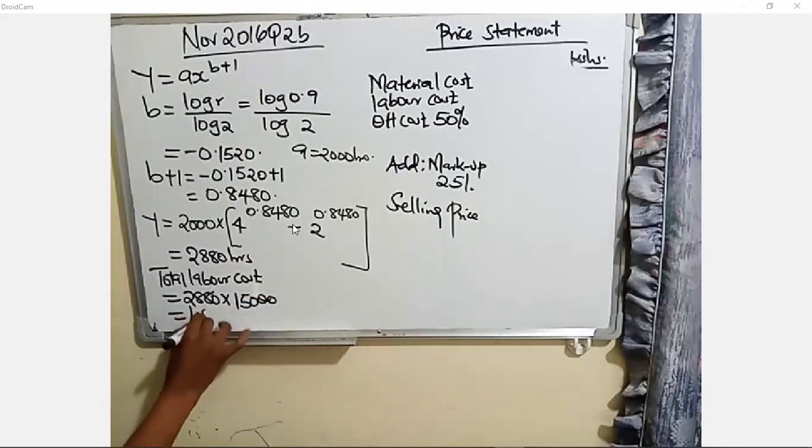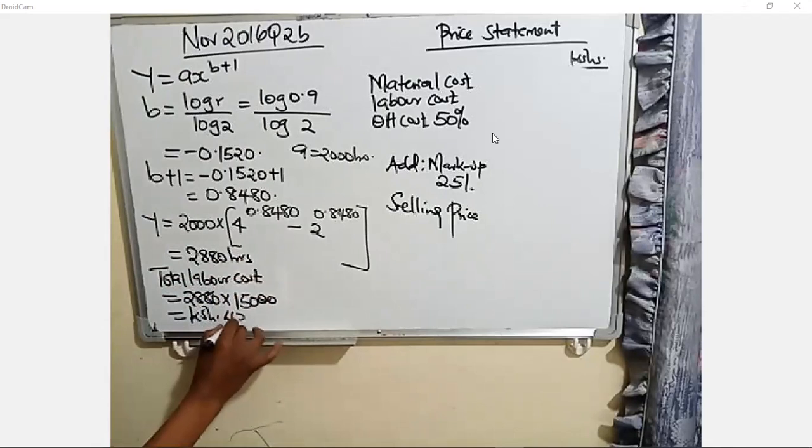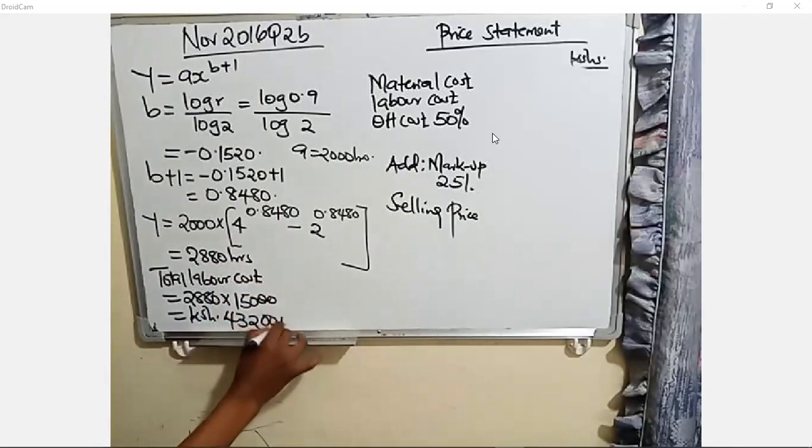Getting how much? Kenya shillings? 43,200,000. Yes, like that.